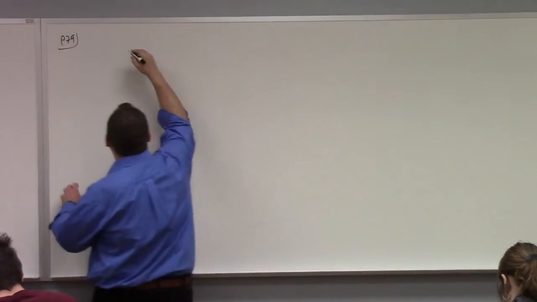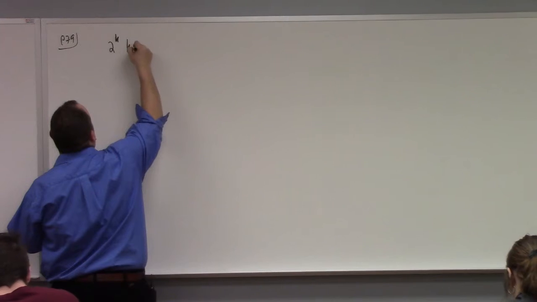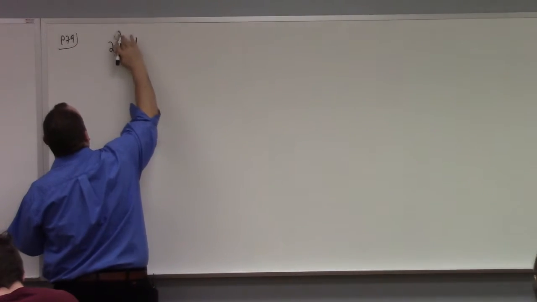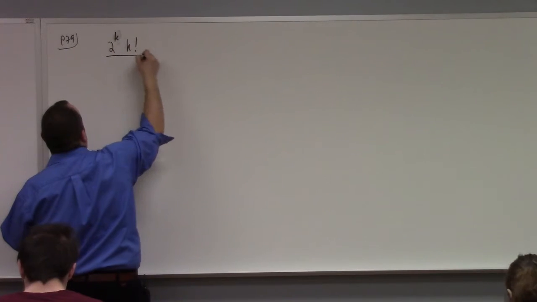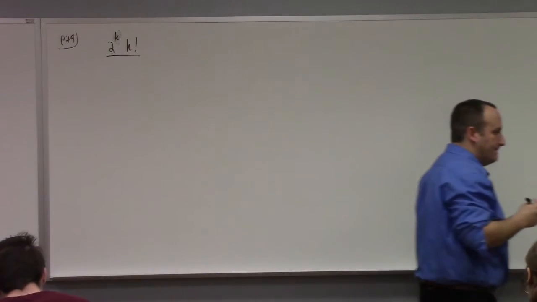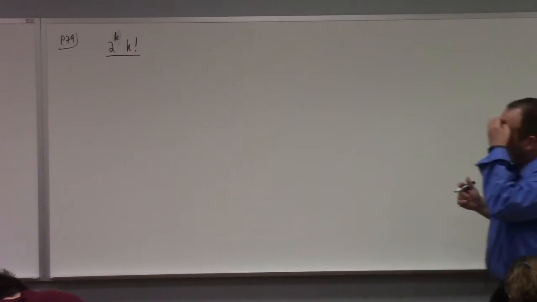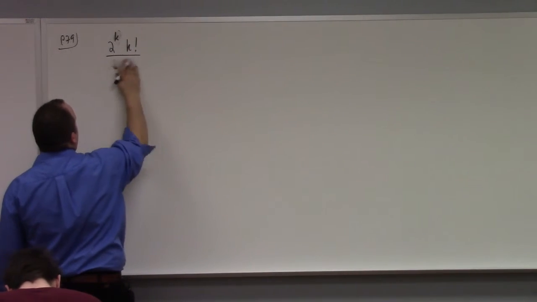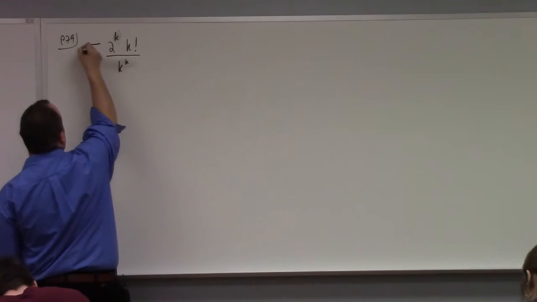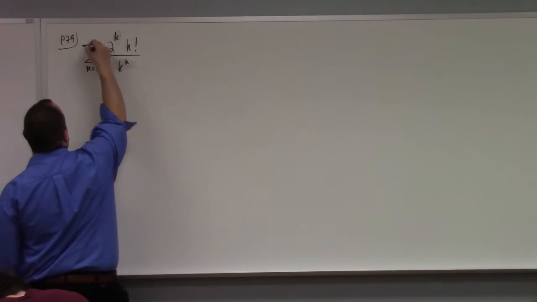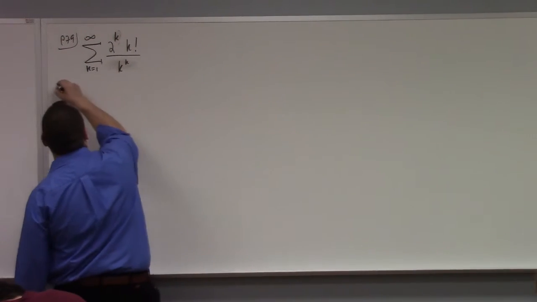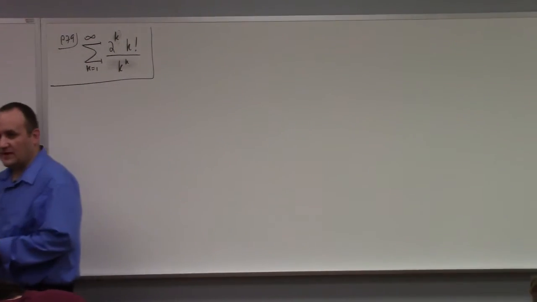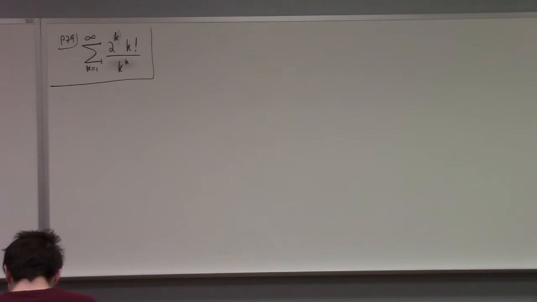The sum k equals 1 to infinity of 2 to the k times k factorial over k to the k. So the question is how to decide whether that converges or diverges. What do you guys think?